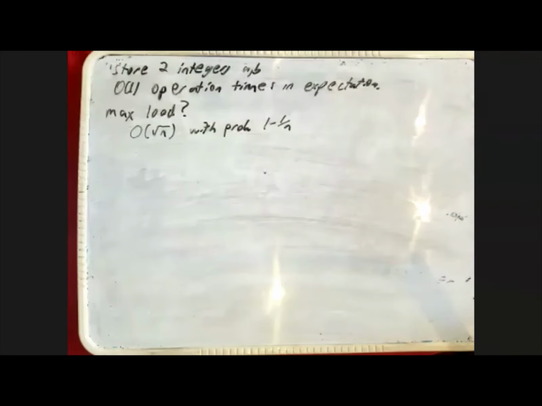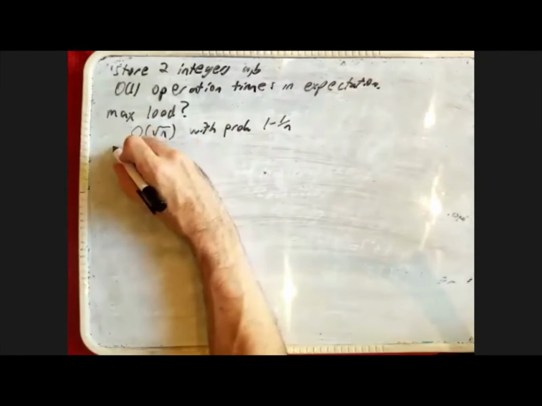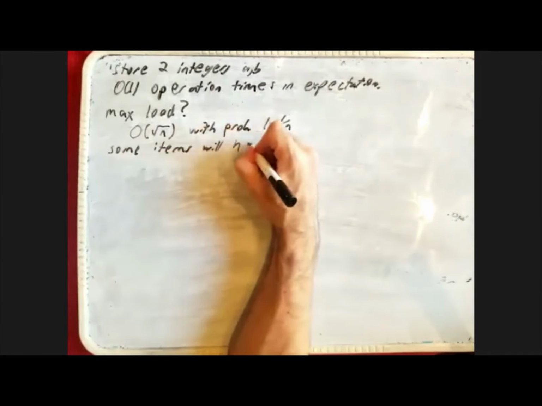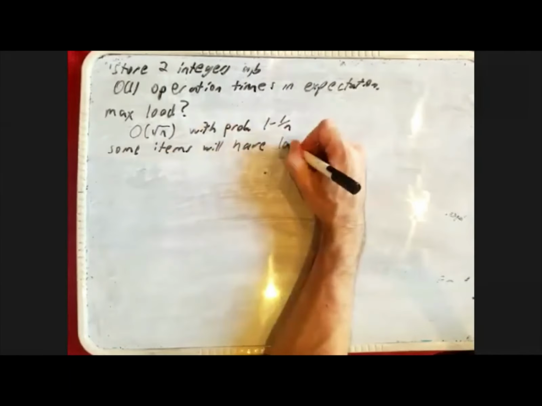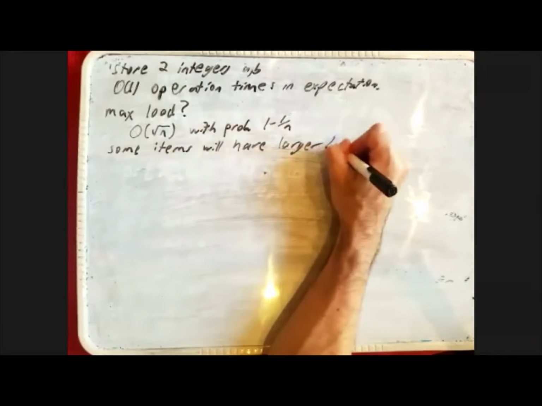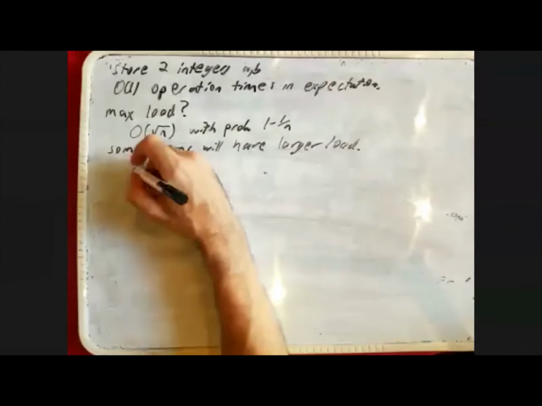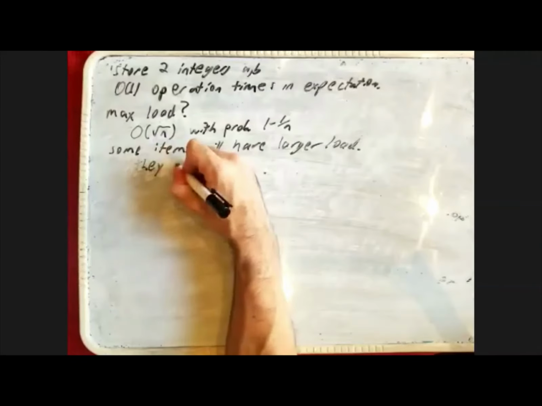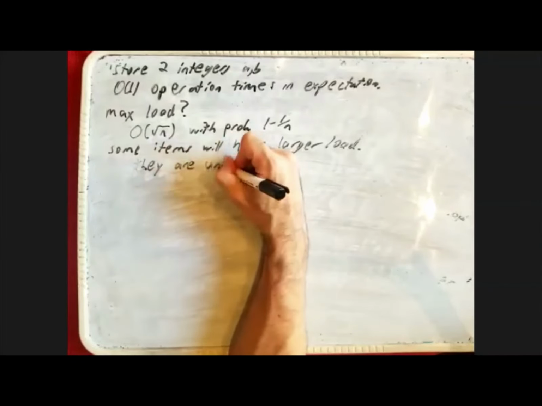More generally, because this is only an expectation, we do know that it's quite likely that some items will have a larger load. But fortunately, they're sort of random items, and they are unlikely to be searched for often.